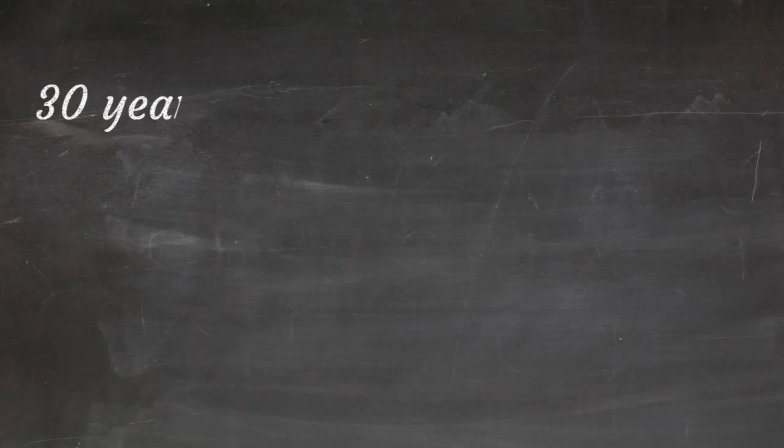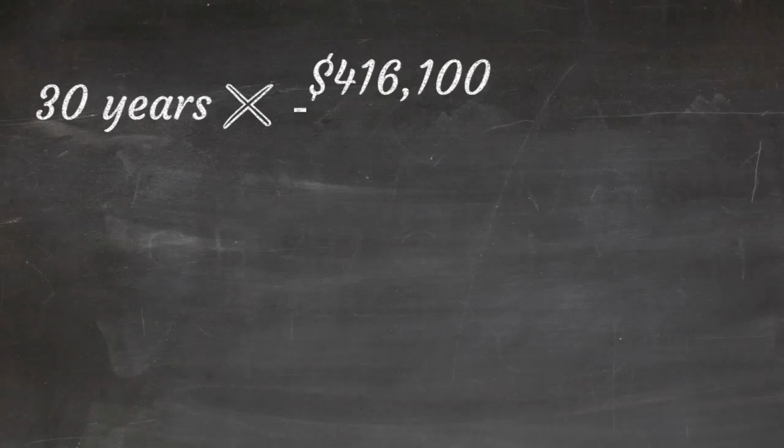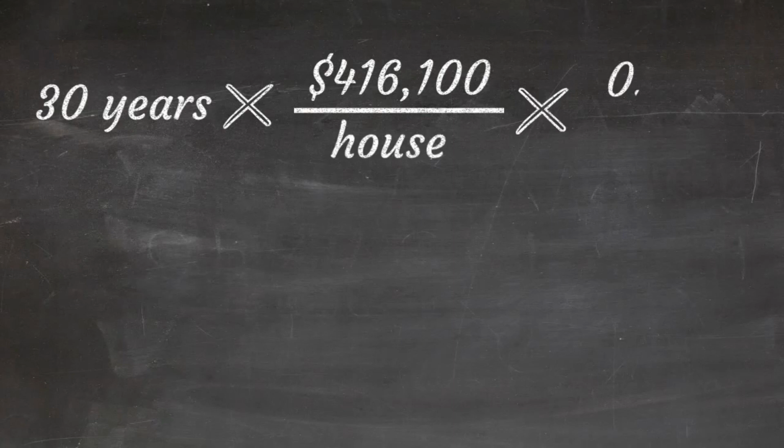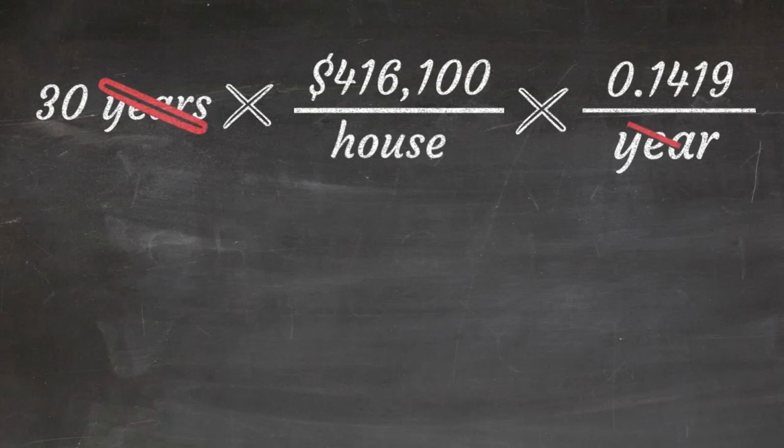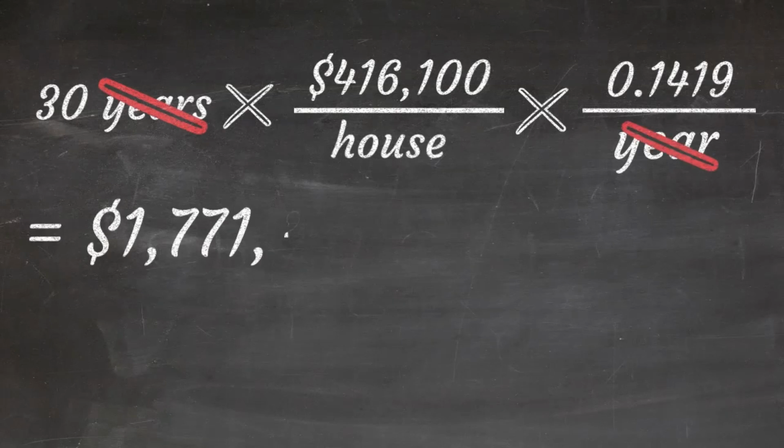Now, what if you want to know how much the house will be worth in 30 years? In that case, you would take 30 years, multiply by $416,100 per house. Then you would multiply by 0.1419 per year. The years cancel, and then you would be left with $1.771 million.